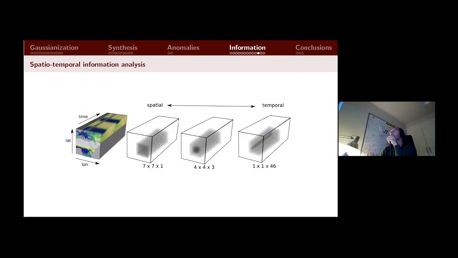So essentially, we took cubes and estimated information content at different spatial temporal granularity, from all spatial on the left, like this 7 by 7, to all temporal, 46 times 1 on the right. So you can basically sample first mini cubes out of this big cube, and then estimate information quantities.